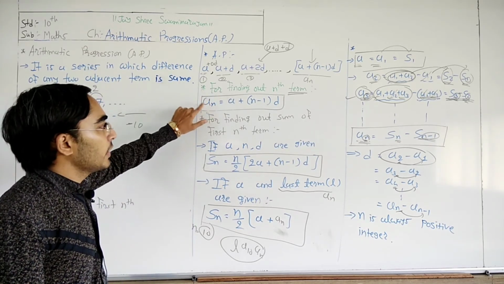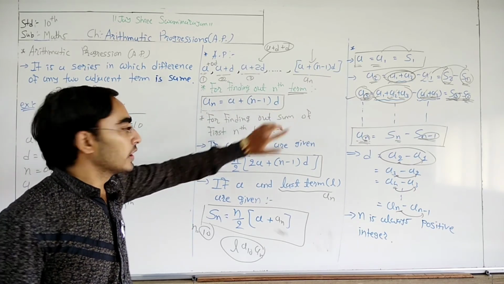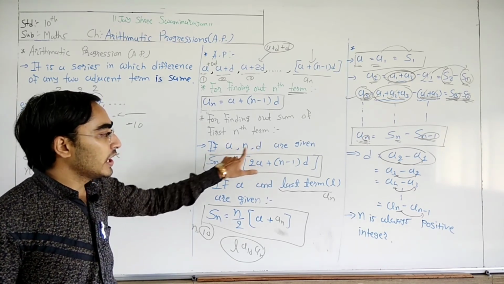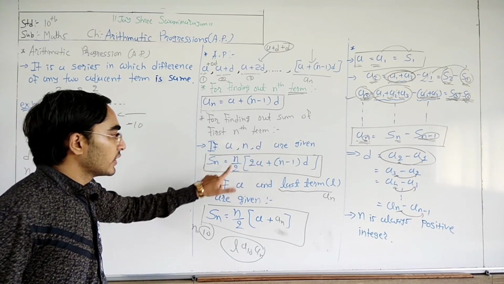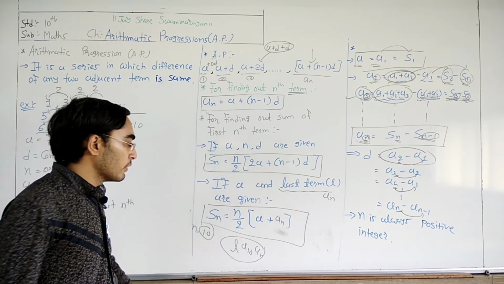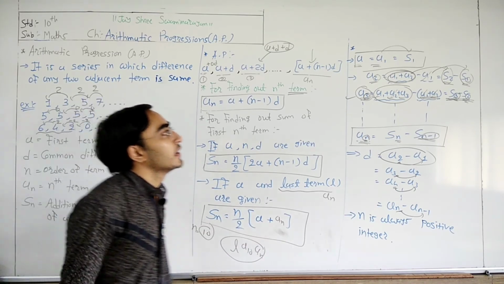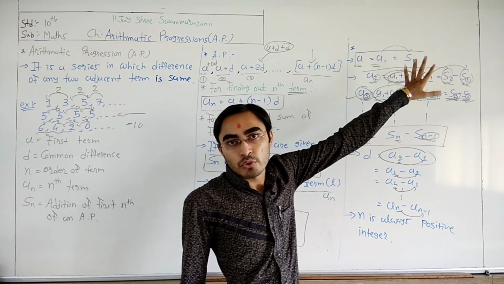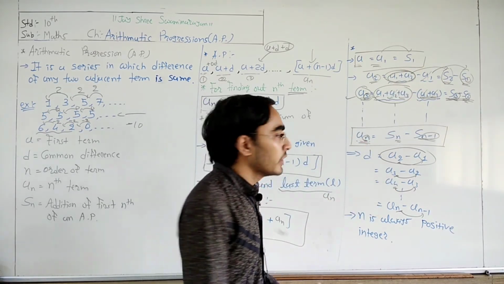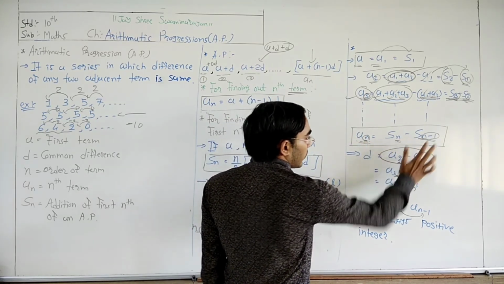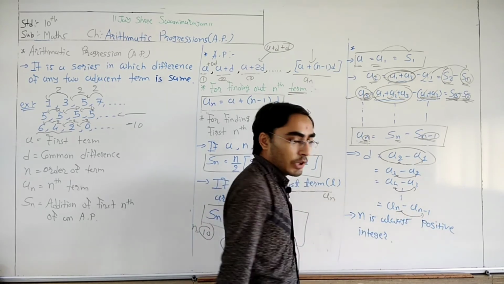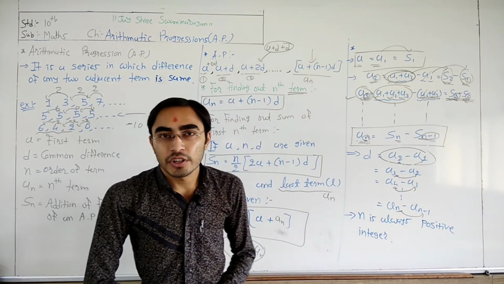For finding the nth term An: A plus n minus 1 D. For finding the sum of the first n terms Sn, if A and D are given, then n by 2 in bracket 2A plus n minus 1 D. If the first term and last term are given, n by 2 (A plus An). A is equal to S1. You can find An from Sn too, so An is equal to Sn minus Sn minus 1. Difference D is equal to A2 minus A1, An minus An minus 1, and n is always a positive integer.